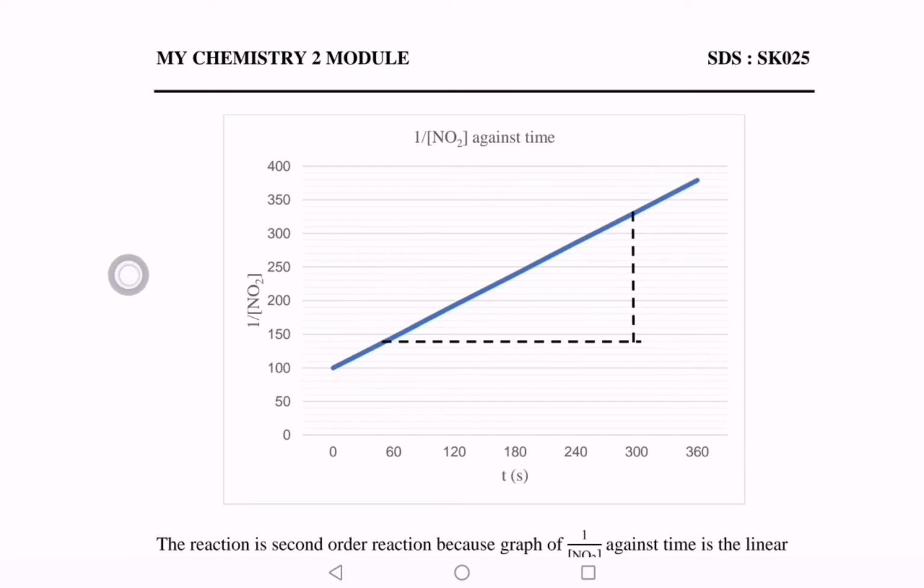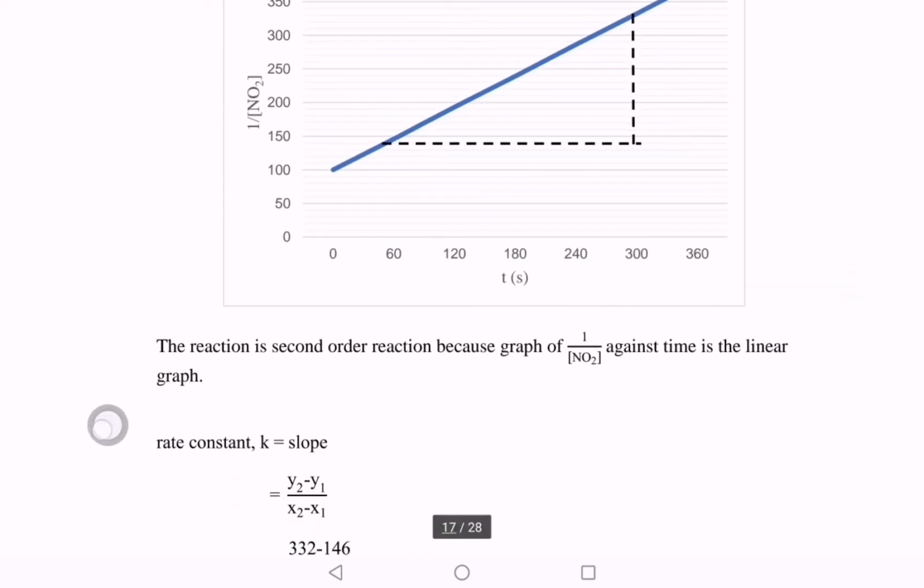So in this question, it proves that the reaction is second order. So ni reasoning dia lah. The reaction is second order reaction because graph 1 over A, which is NO2, against time is linear graph. So since we know this is second order reaction, so kita kena gunakan integrated rate equation untuk second order lah nanti.